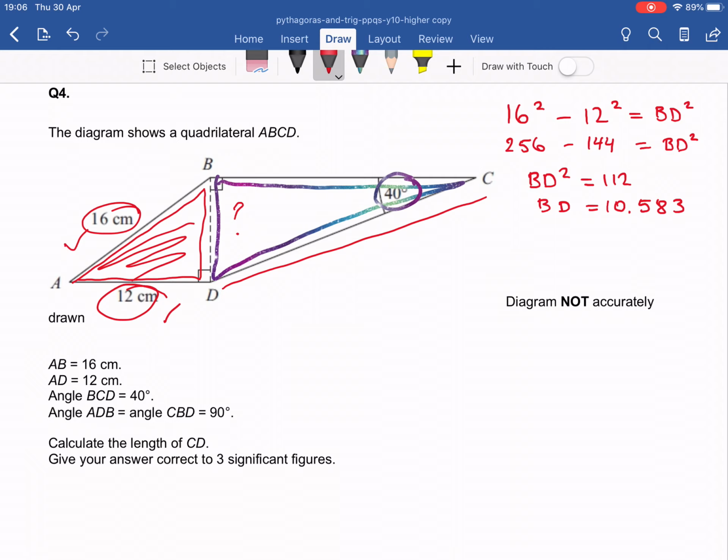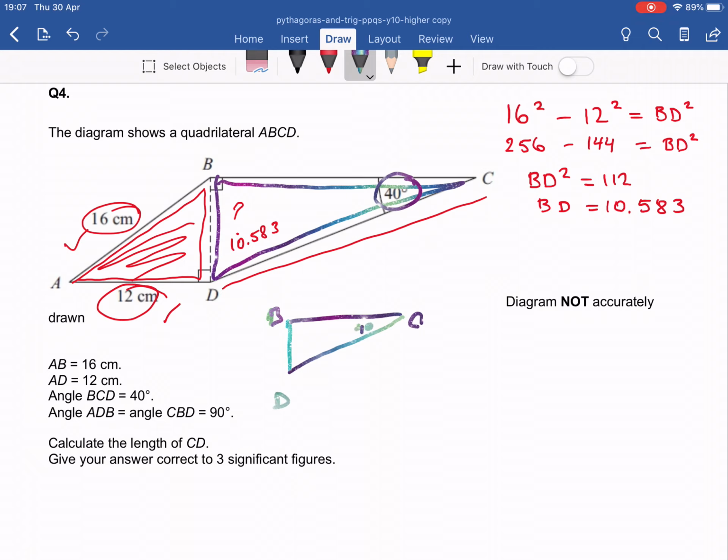Some of you might want to use your answer button in your calculator, but let's see what comes first. So this BD side is 10.583.